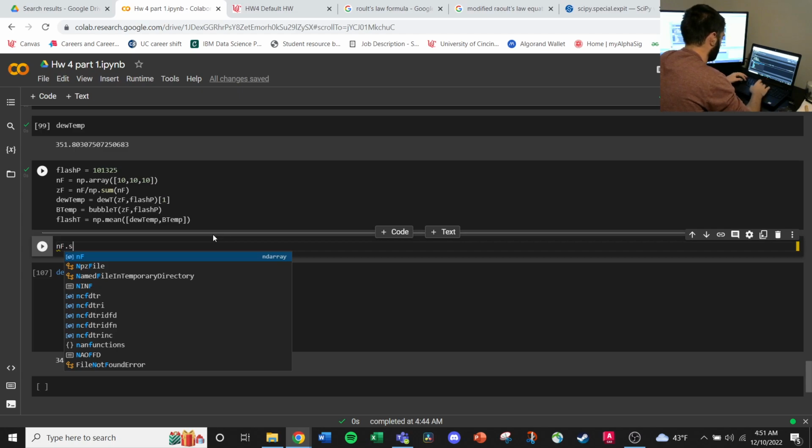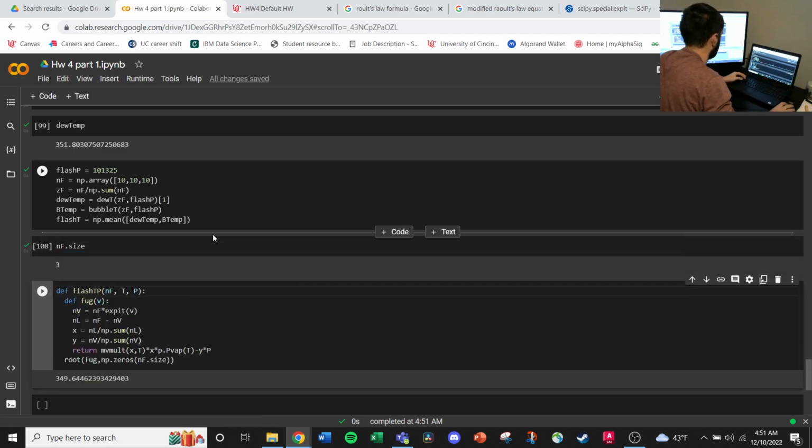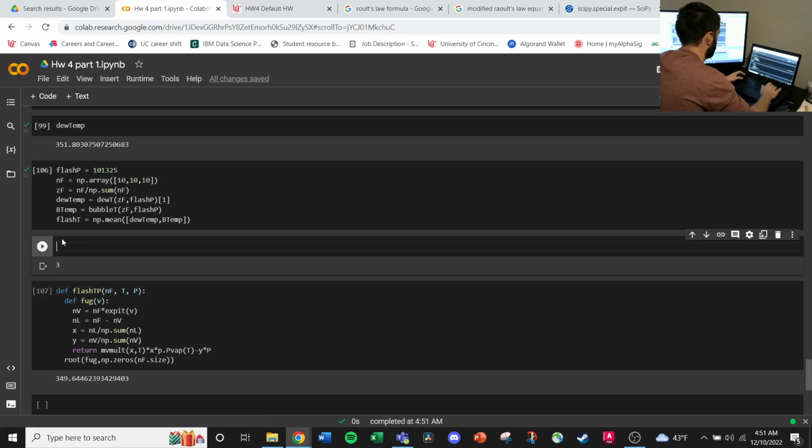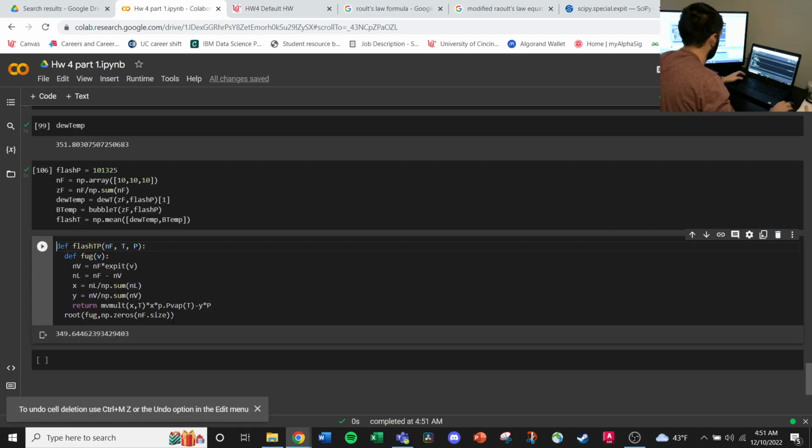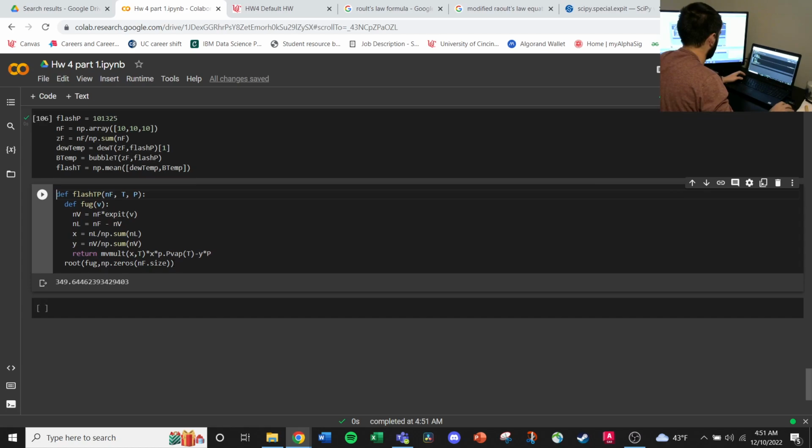I mean, nf.size should just equal 3. Yeah, so nf.size is just our number of components coming in. So I'll actually leave that. It makes the code a little more general, which is always nice, to not hard code stuff in. Alright, so yeah, we want the root of fugacity, and our initial guess is the zeros.